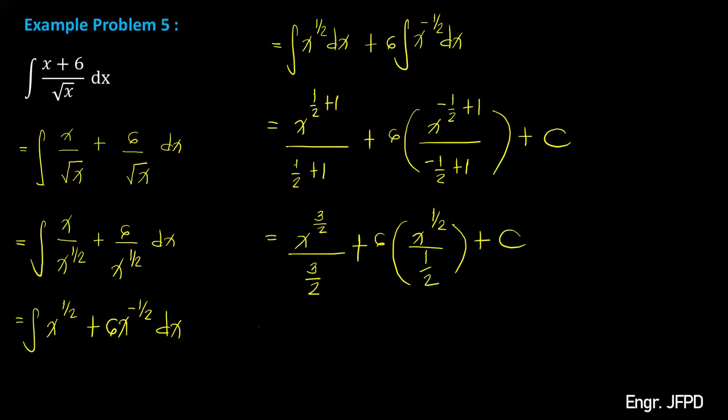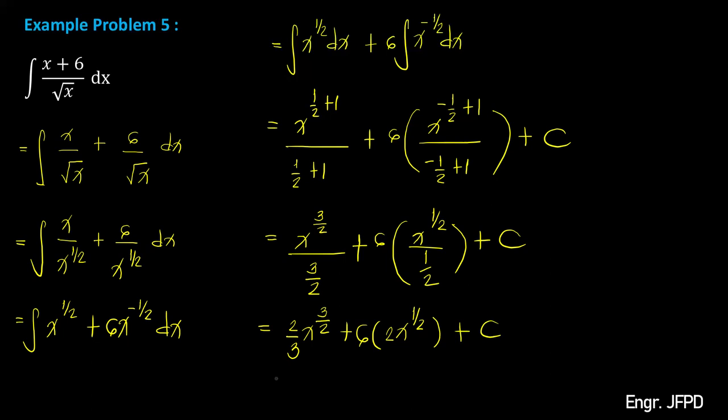Again, when dividing a fraction, we will reciprocal the divisor and then proceed with the multiplication, and this will become 2 over 3 multiplied by x raised to 3 halves, then plus 6, and for the 1 half, this will be reciprocal to 2, and this will be multiplied by 2, x raised to 1 half plus c.